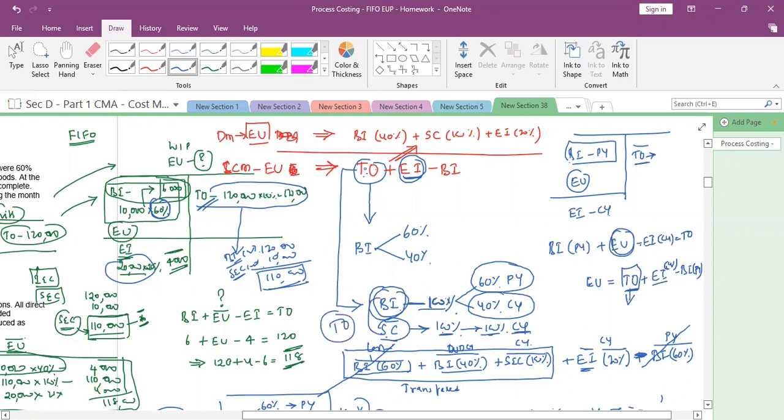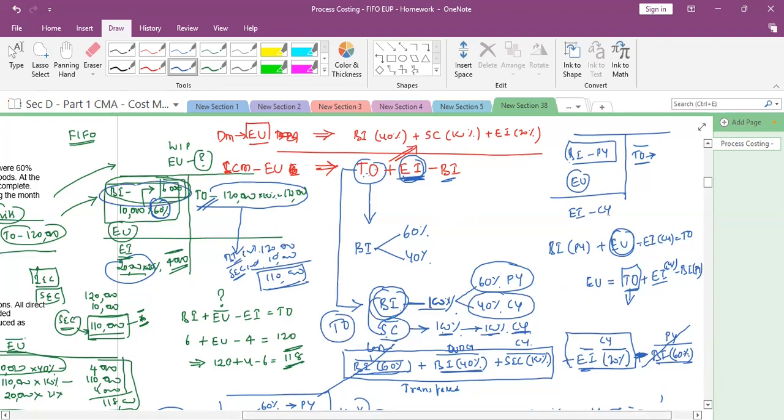Therefore, this transferred out I am writing as beginning inventory 60%, beginning inventory 40%. This is last year or past year. This is current year. Started and completed in the current year, plus the remaining in this equation, ending inventory in the current year. This is minus beginning inventory past year 60% from the T-shape account.